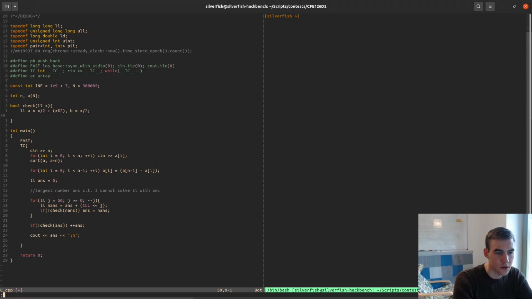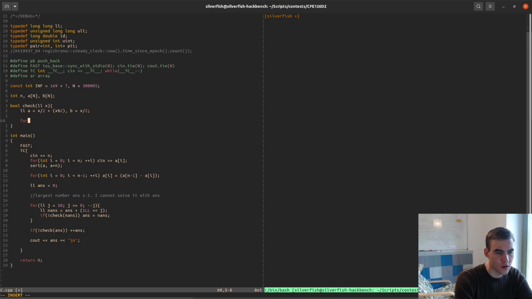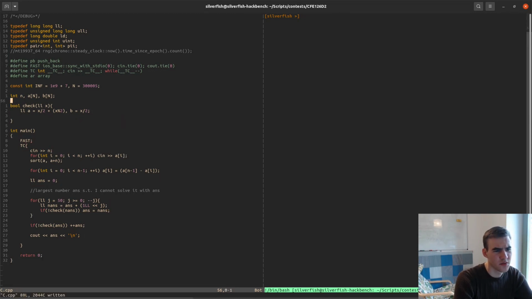And for the check function, what I do is I'll try to take out this, so for int i equals 0, i smaller than n minus 1, plus this side. I'll make a copy of it. Or should I put it in some priority queue?